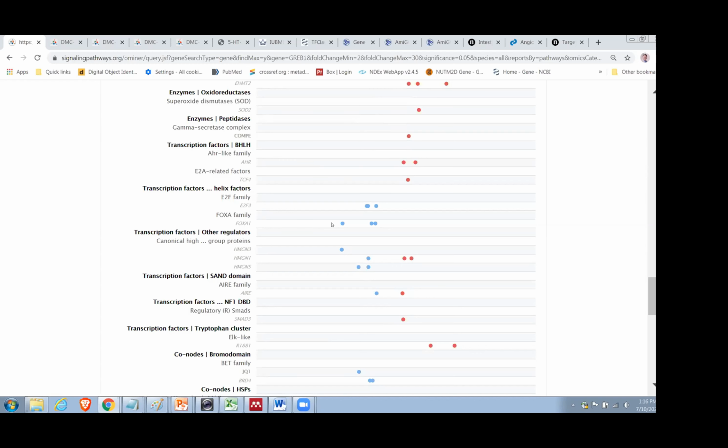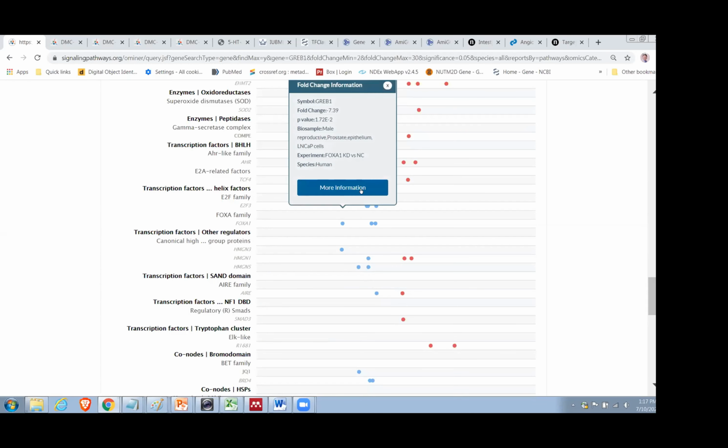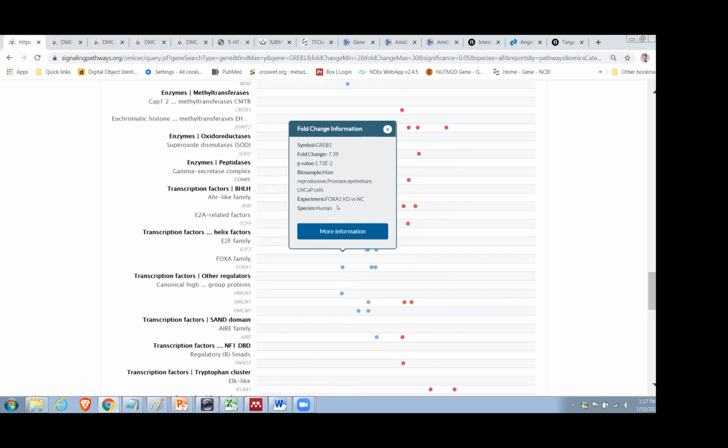So in this particular experiment, this was a knockdown of FOXA1 in LNCaP cells, and that resulted in a 7-fold down regulation of Rebl, which is pretty large.